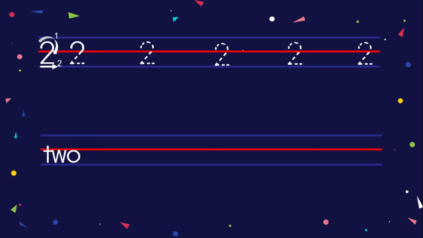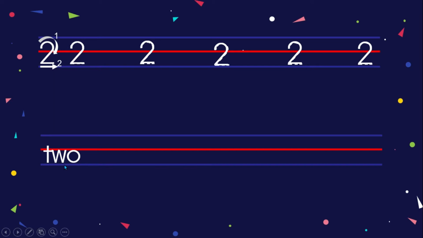Curved line and then straight line. Trace it. And lastly, number 2. Okay? So you can do it or you can trace the broken lines in your book found on pages 4 to 7.